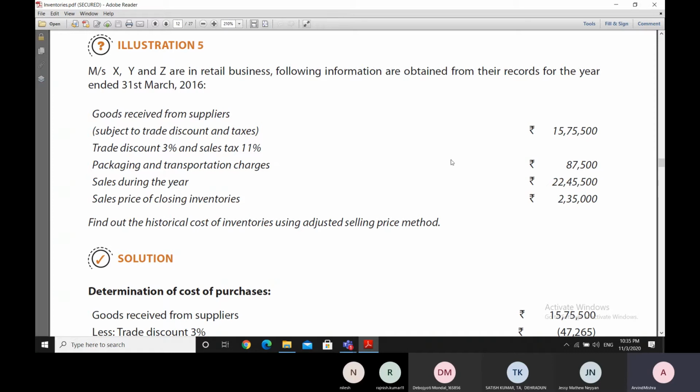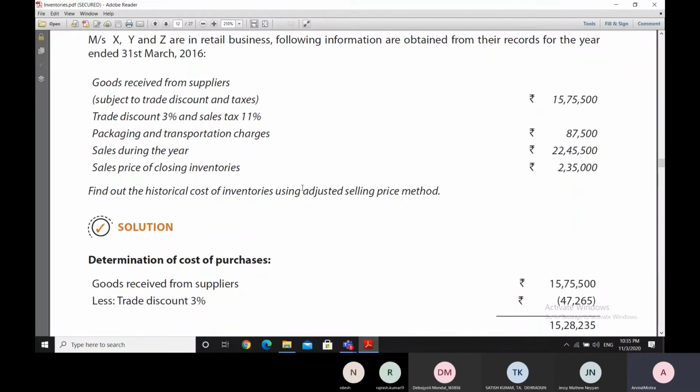All that is adding up to 87,500. And during the year, the sale is 22,45,500, and the sale price of the closing inventory is 2,35,000.